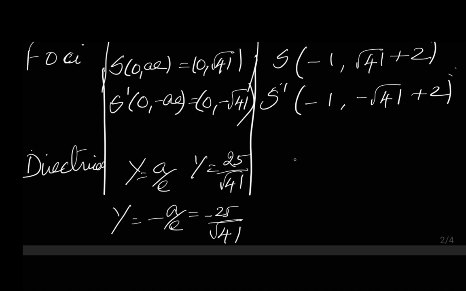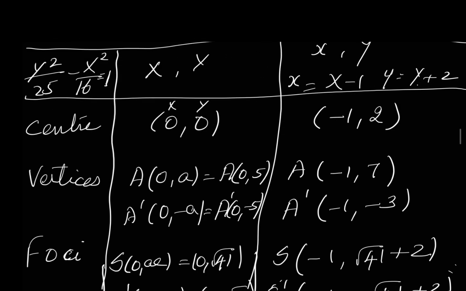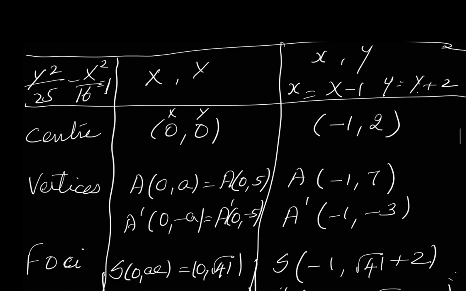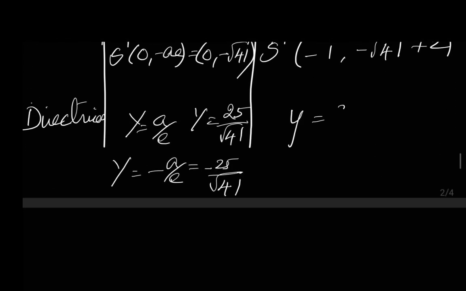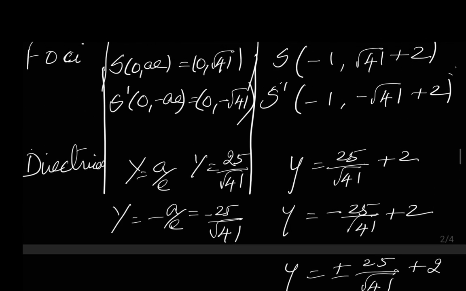So now what about small y here? Small y is capital Y plus 2. Capital Y here 25 by root 41, plus 2. And small y is minus 25 by root 41 plus 2. You can combine and write y is equal to plus or minus 25 by root 41 plus 2. You can also write this one. See, with that this problem is over. Thank you.